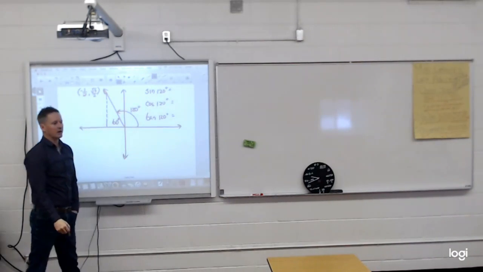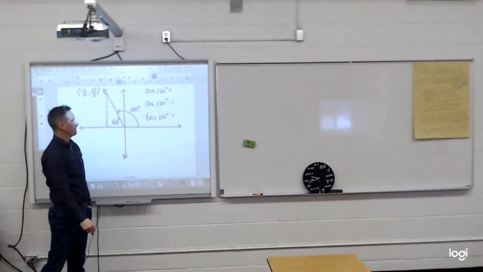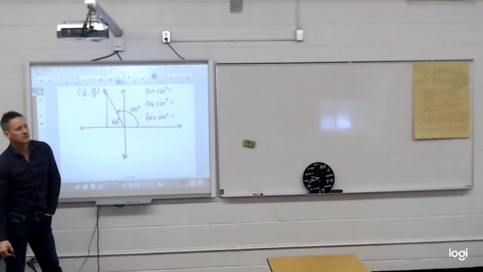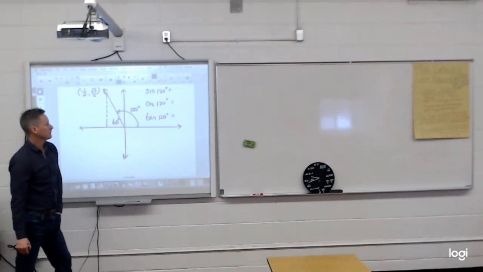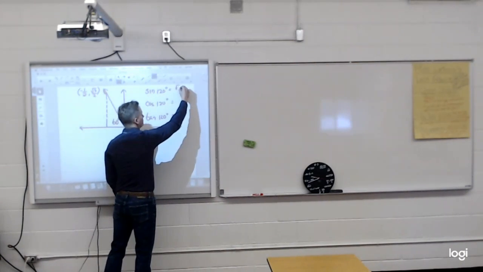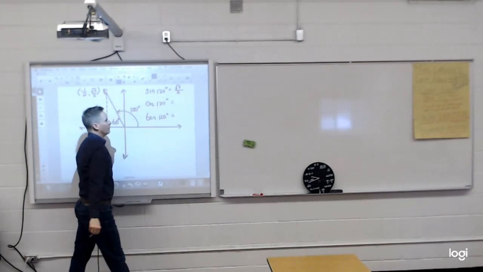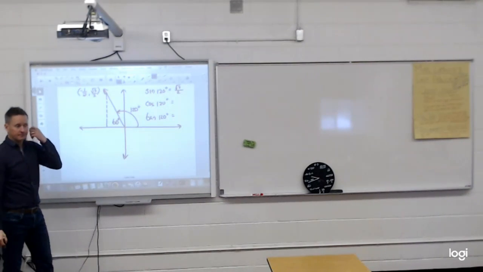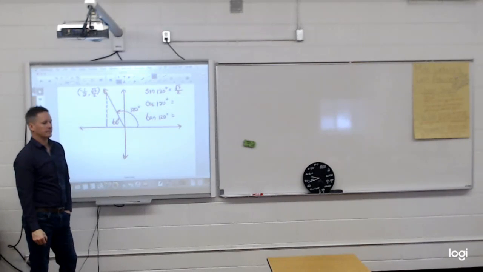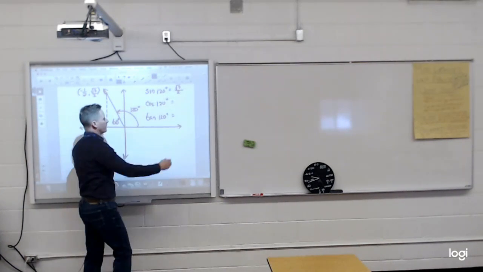What's the sine of 120? Your Y value. What's your Y value? Root 3 over 2. What's the cos of 120? Negative 1 over 2.